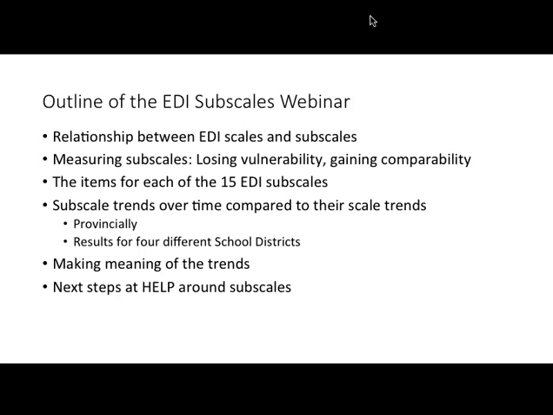Okay, so I think one of the themes of the day, as you can see in the outline, is to get an understanding of what the subscales are all about, the items that go into them, how they differ from one another, and especially how they provide a more specific level of information than we've been used to working with up until now, when we've been just looking at either vulnerability on one or more scales, which is how we started off, or vulnerability on each of the 5 scales.